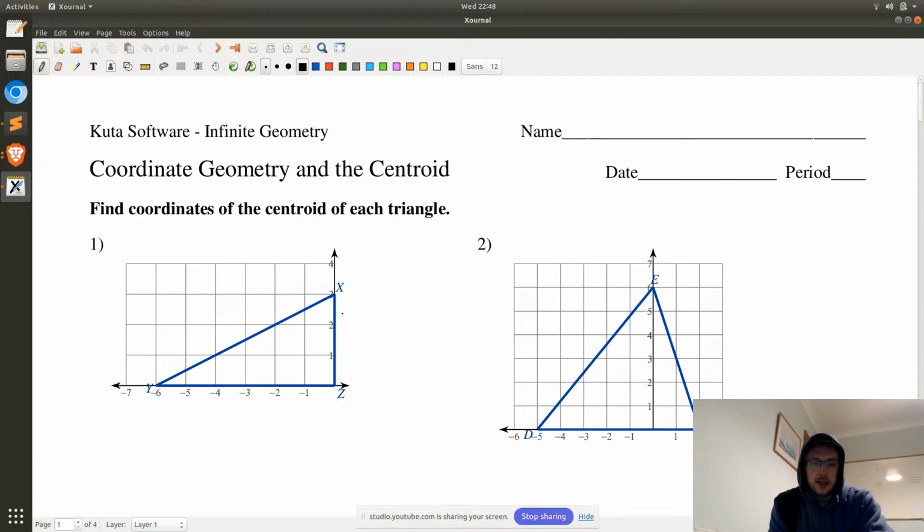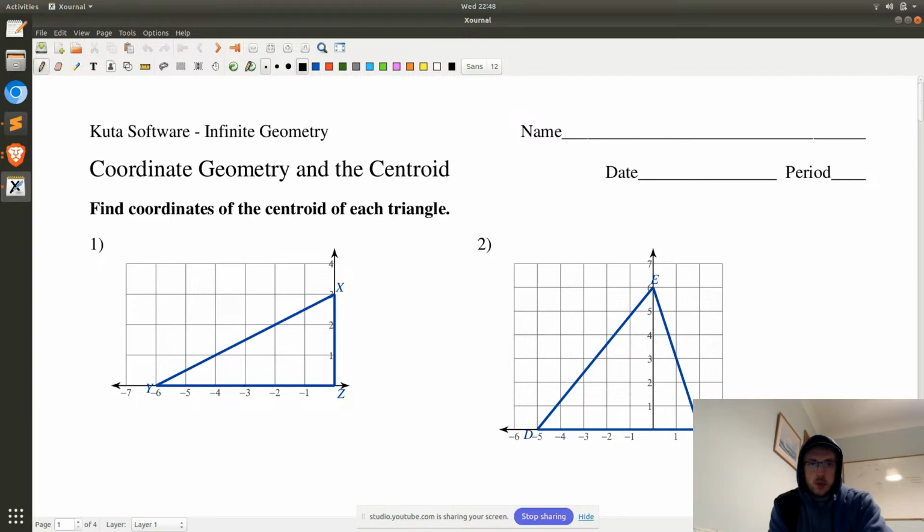The coordinates of the centroid of a triangle are the average, the mean of the x coordinates, comma, the mean of the y coordinates. So in this particular case, the x coordinates are -7, 0, and 0, and the mean of that is -3.